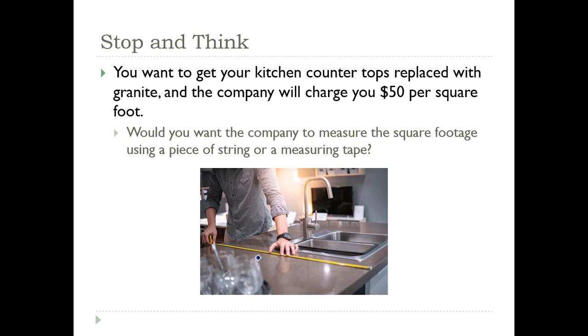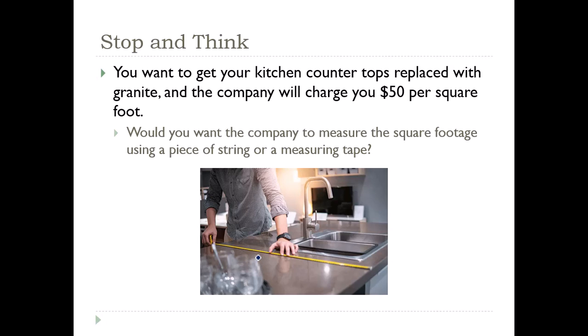And a good thought idea I had related to this: let's say you want to get your kitchen countertops replaced with granite, and the company will charge you $50 per square foot. Would you want the company to measure the square footage using a piece of string or a measuring tape?